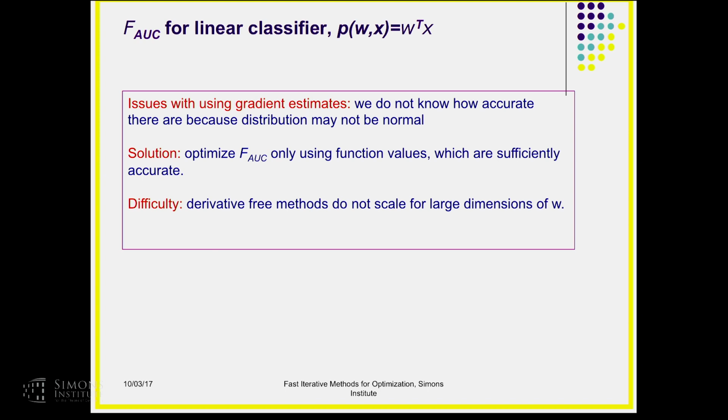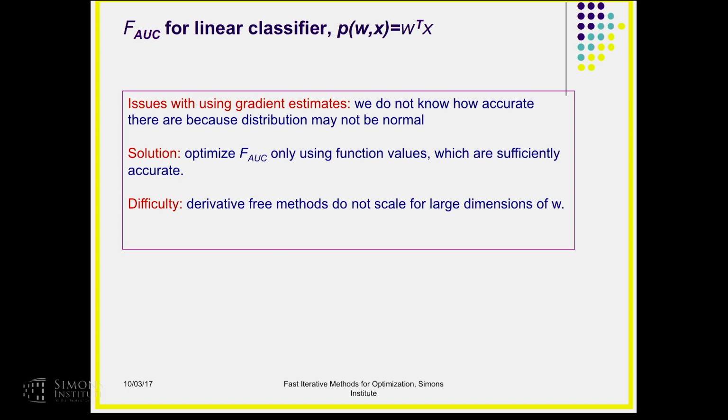So the current problem with using these methods, I'm just saying up front, is that the derivative-free methods don't scale as well as the gradient-based methods with W. And that's very possibly going to change, because there hasn't actually been work on trying to scale up these methods until recently, but I think Jorge is going to talk about this.